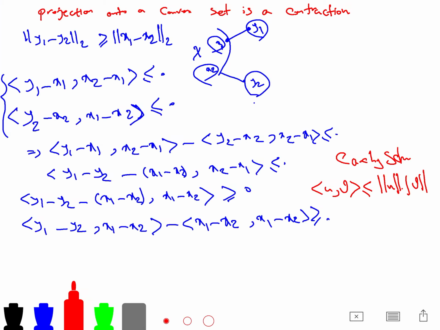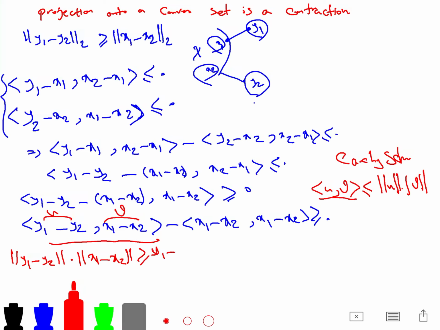So here I can use this, where u is this one and v is this one. So we have an inner product, and the multiplication of norms, the norm of y1 minus y2 multiplied by the norm of x1 minus x2, is greater than the inner product of y1 minus y2 and x1 minus x2.